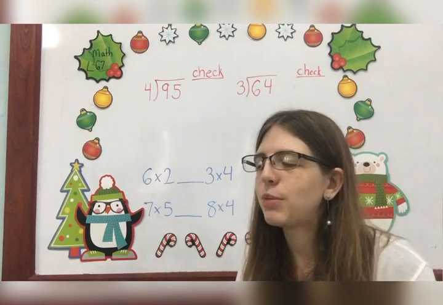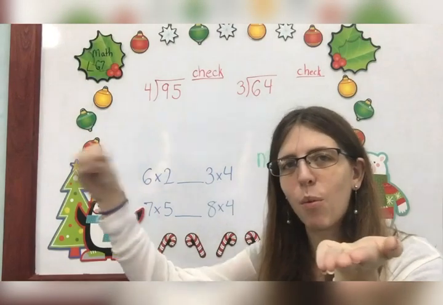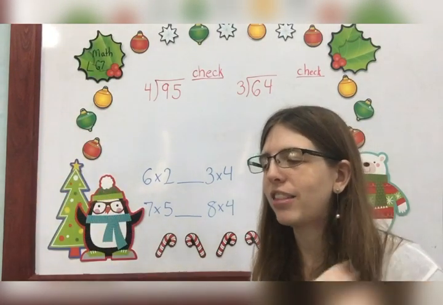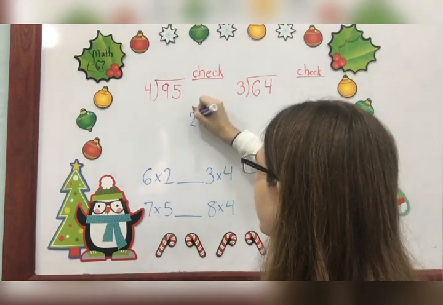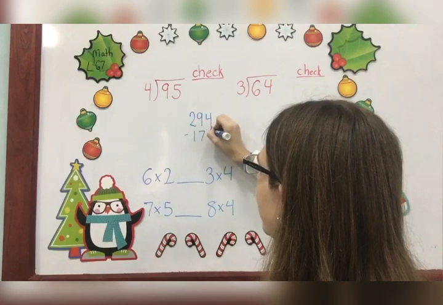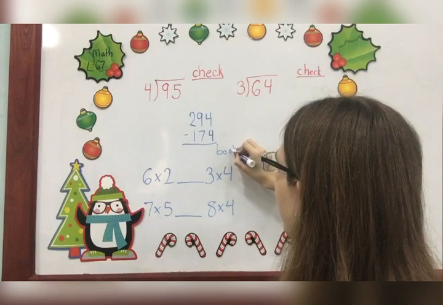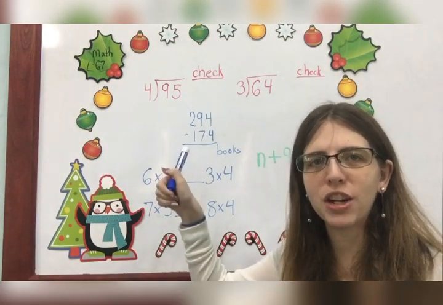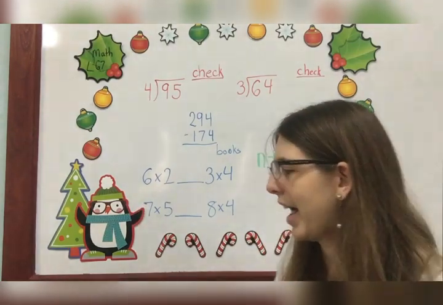Subtract, because we start out with 294, we take away 174 of them, and I want to know how many are left. So I need to subtract 294 minus 174 to find the number of books that are left, okay? So you'll put this in your workspace and the number of books left on the line.